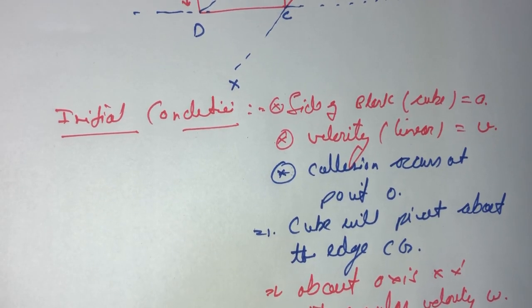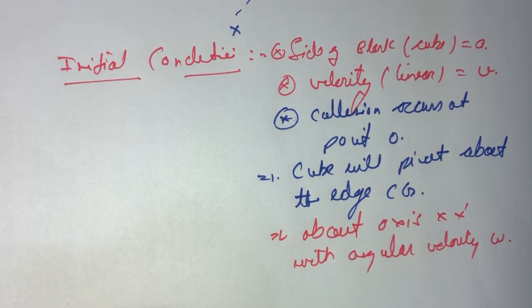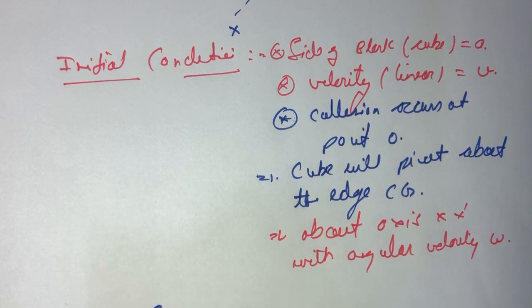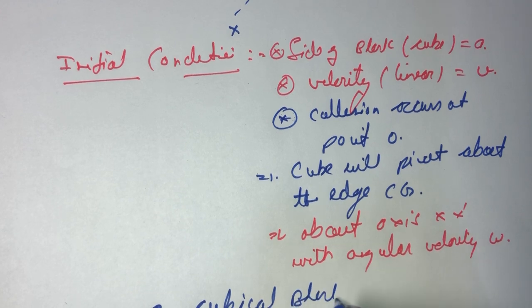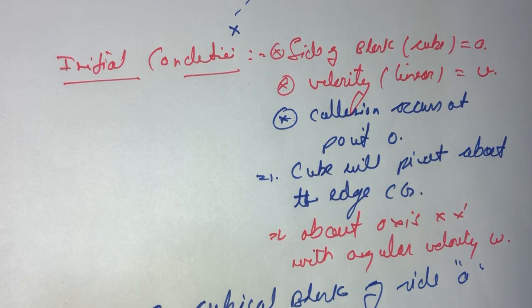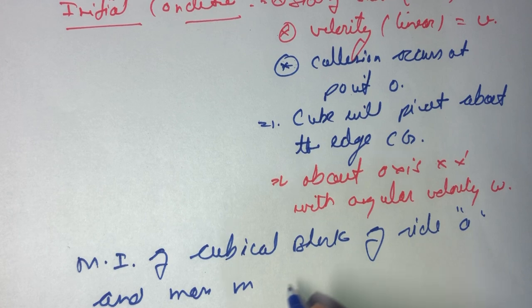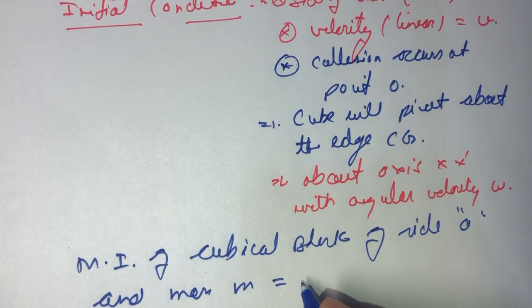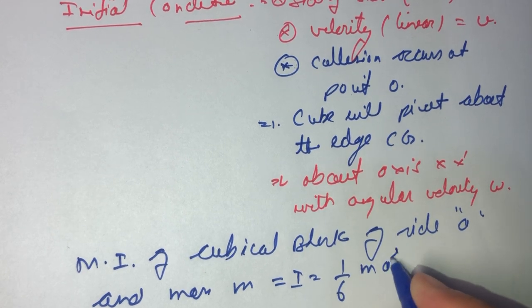Now we know that the moment of inertia of the cubical block of side A and mass m is given as, let us suppose, I, which will be equal to 1 by 6 ma square.